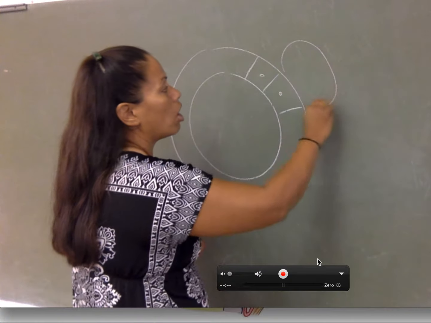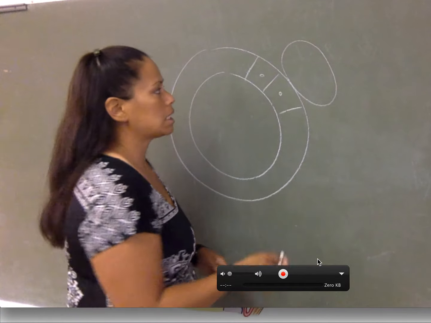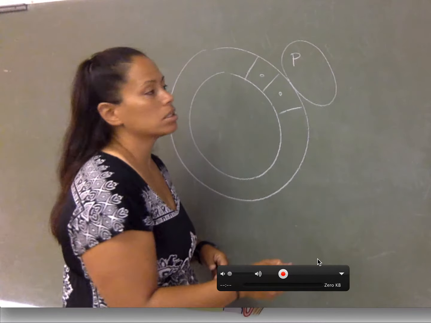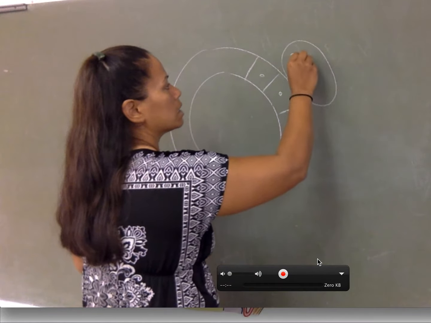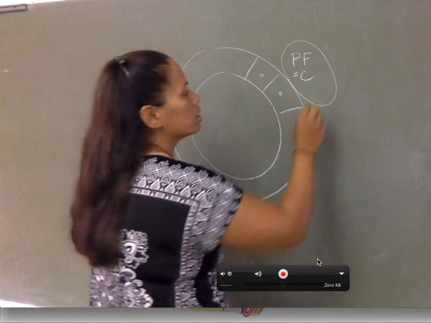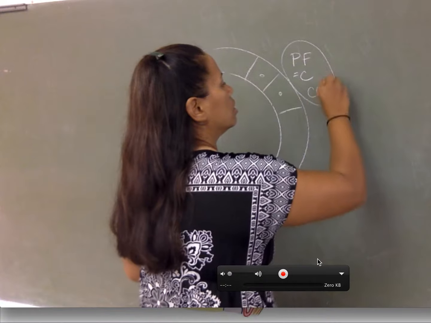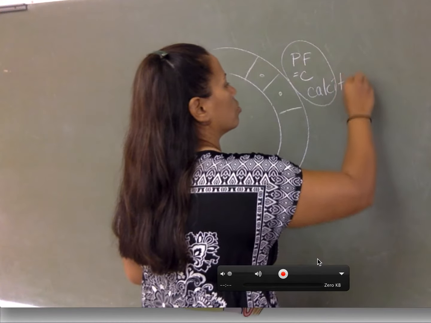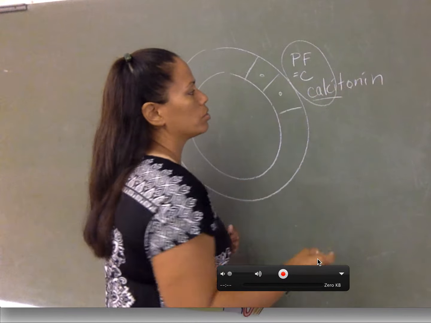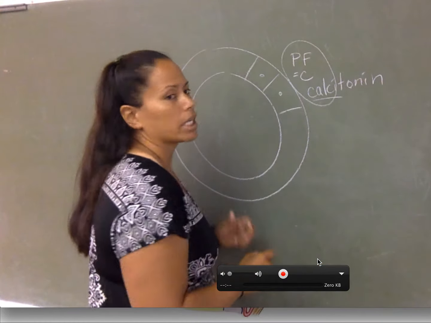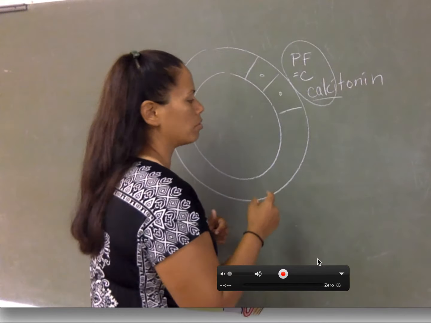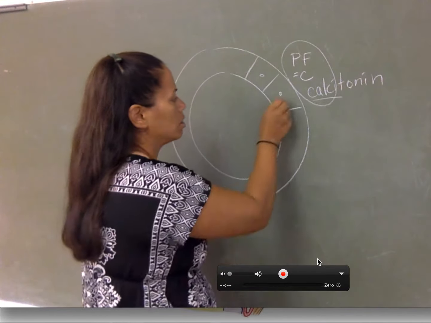Anything that is alongside a cell is called para. So these are parafollicular cells, also known as C cells, because they release something called calcitonin. Calcitonin is used to regulate calcium. So let's do that mnemonic first before we do T3, T4 from the follicular cells.